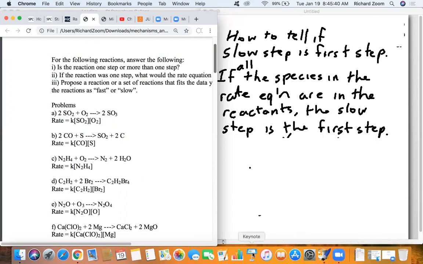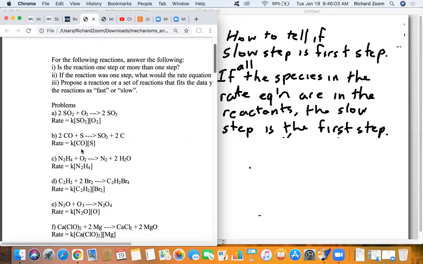Sorry, Alex. You're breaking up here a bit. Could you repeat that, please? Does it not matter that the O2 is not in the rate equation? Right.